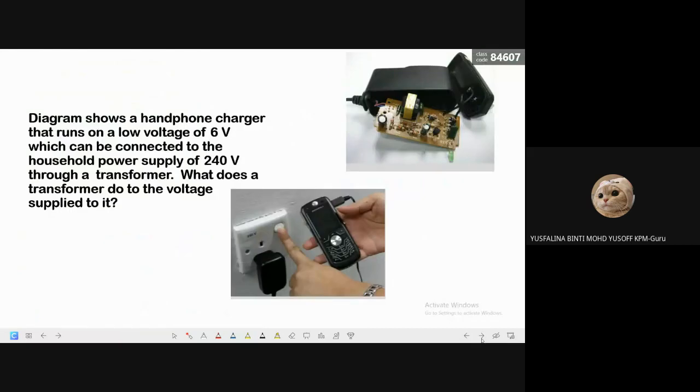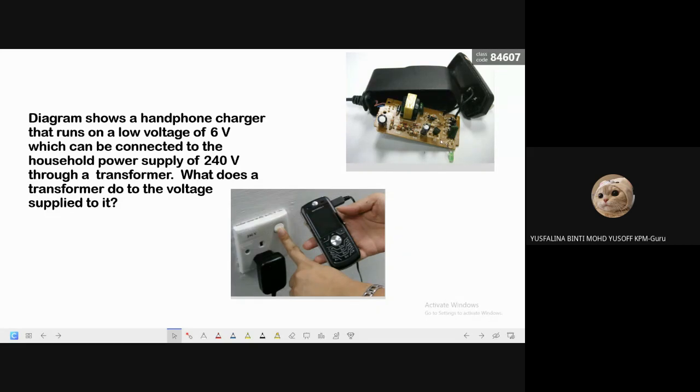Okay, so the diagram shows a handphone charger that runs on a low voltage of 6 volt, which can be connected to the household power supply of 240 volt through a transformer. What does the transformer do to the voltage supplied to it? So if you open your charger, you can see there's a board there, an electrical board.